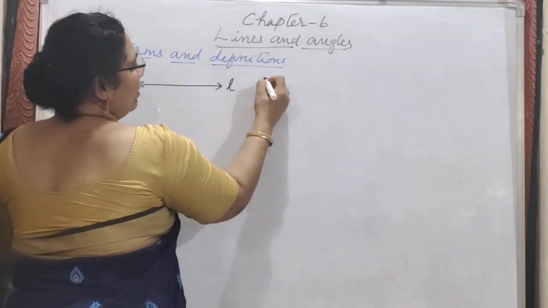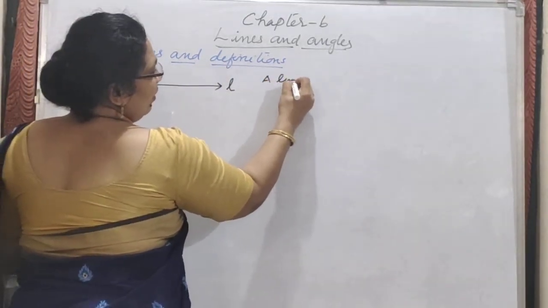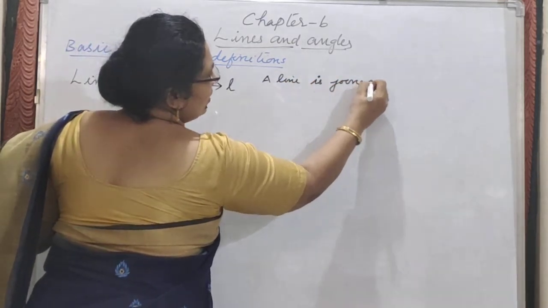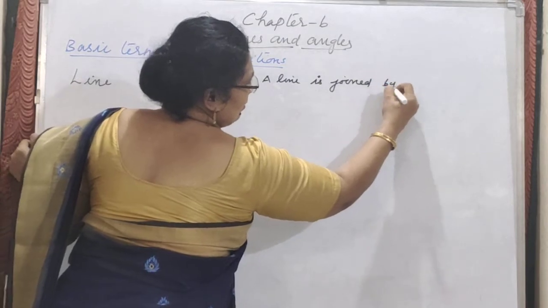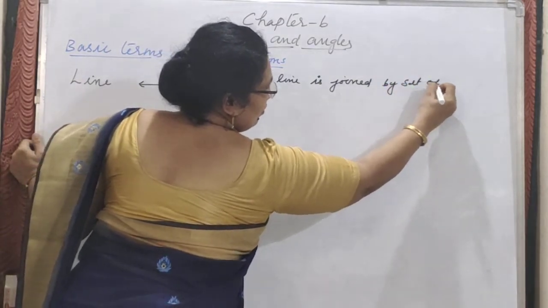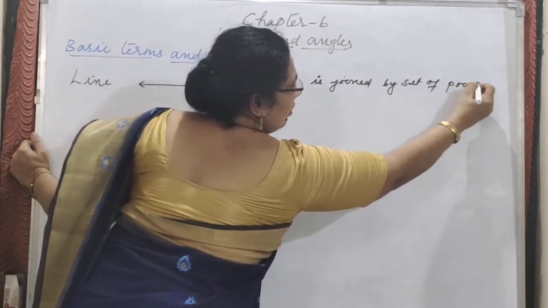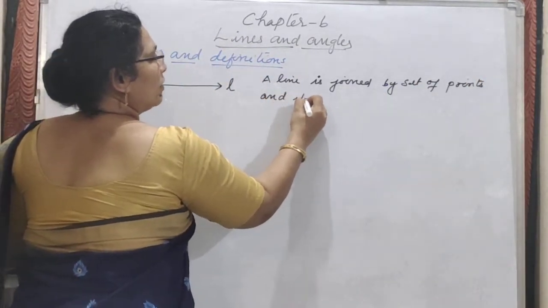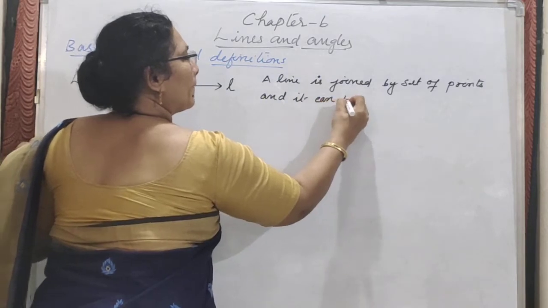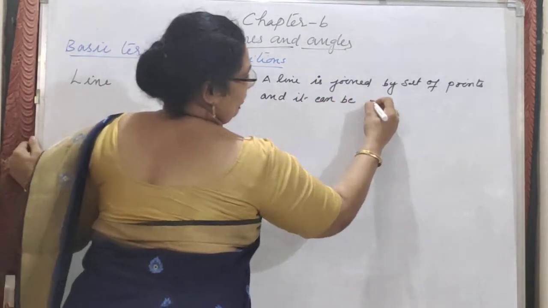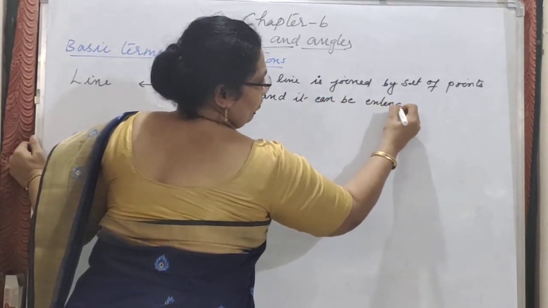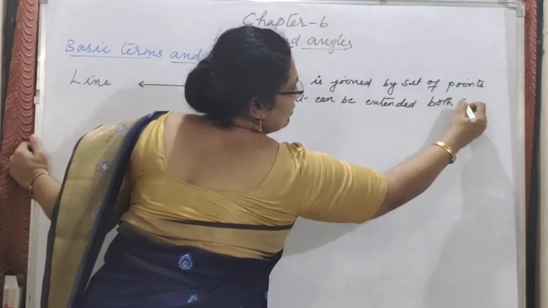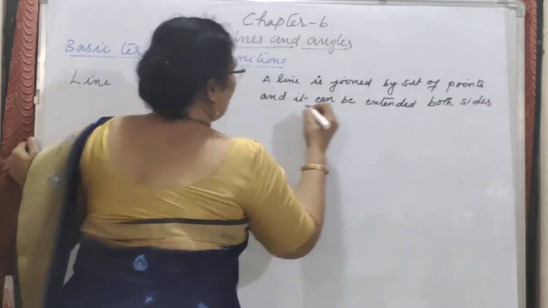So what is a line? A line is made of a set of points and it can be extended on both sides indefinitely.